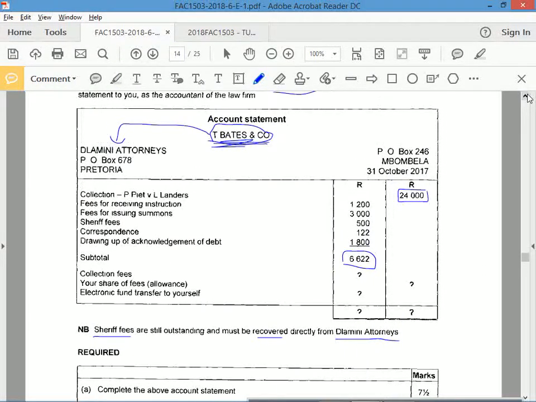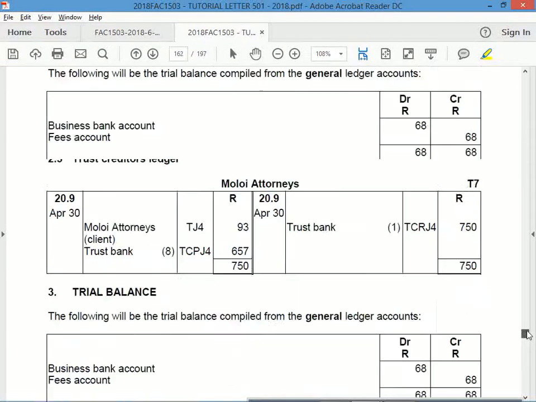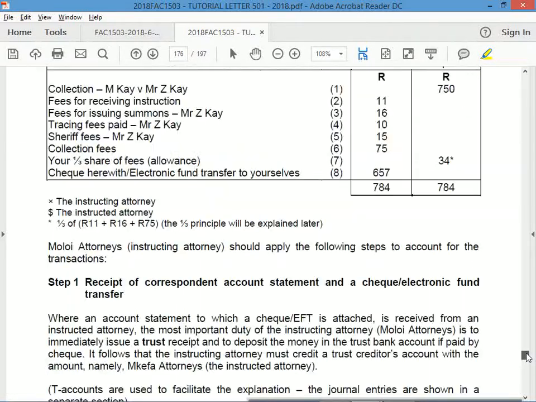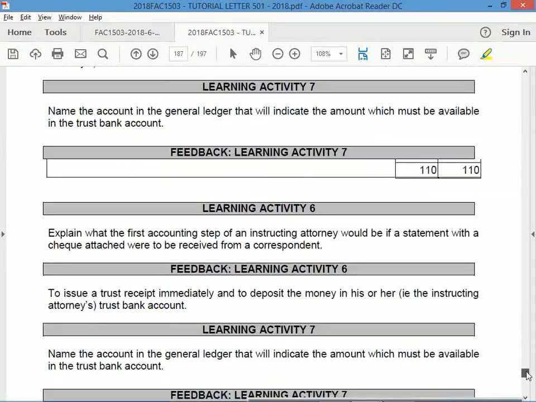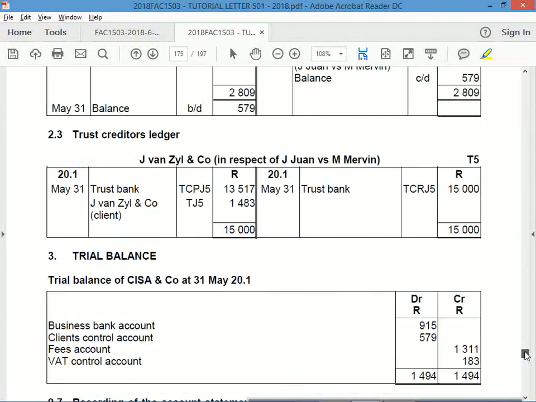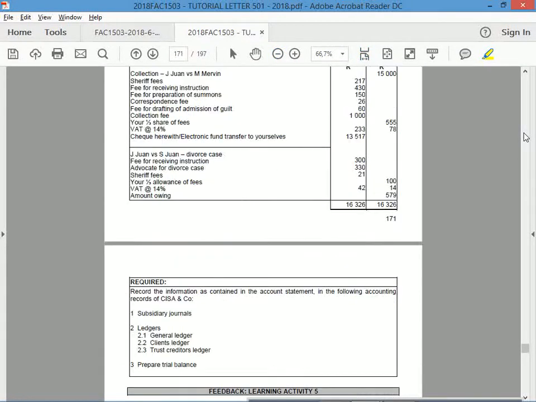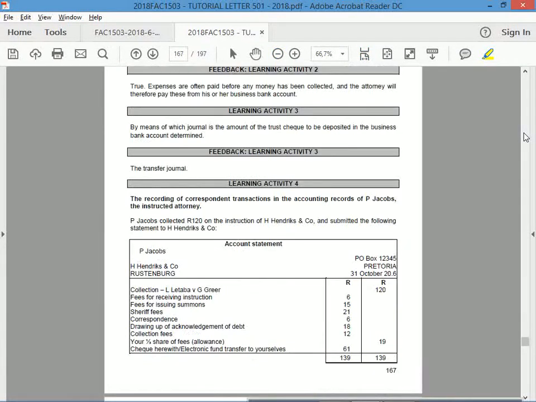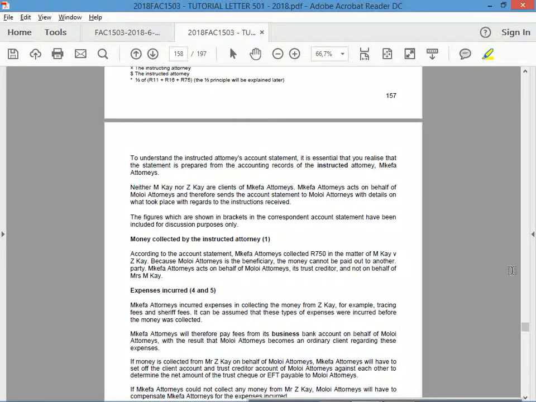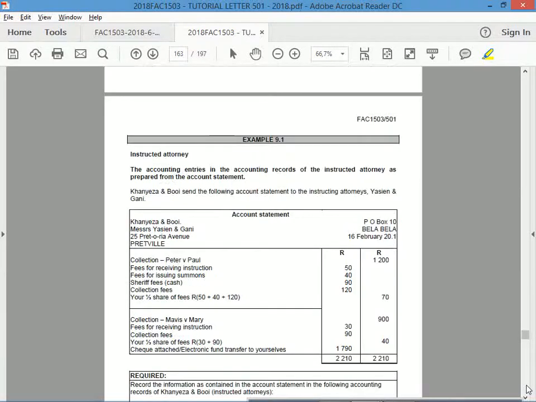With this one, I am going to refer back to one of these examples here, just so you can see the account statement. Let's use this one. There we go.